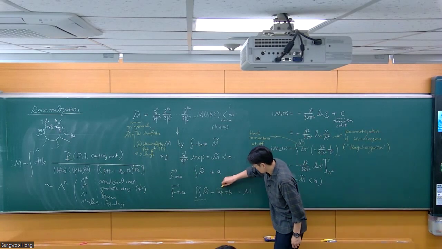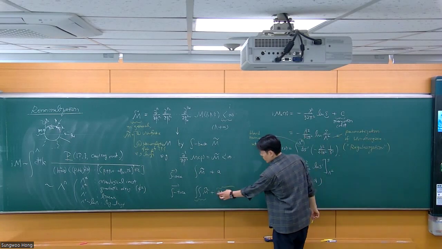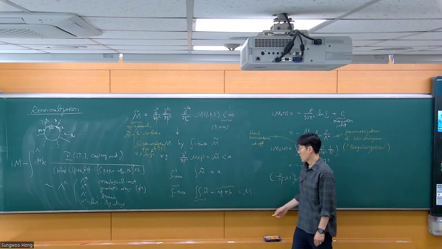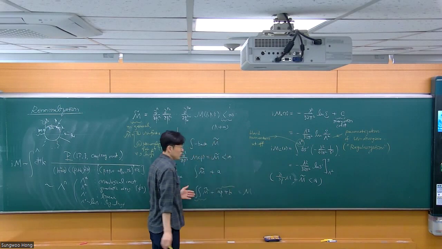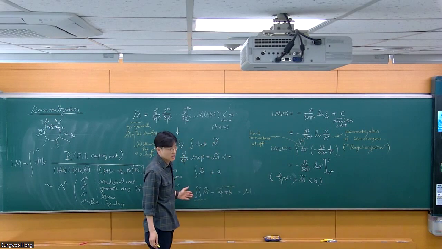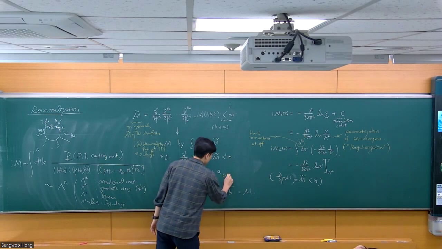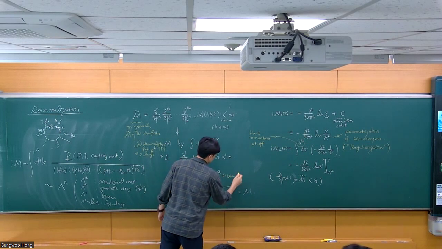What about this part? So there are two integration constants, and then this P is the external momentum. And I know that this whole thing is UV sensitive or UV divergent, which means that this part should capture that. This should be UV divergent.